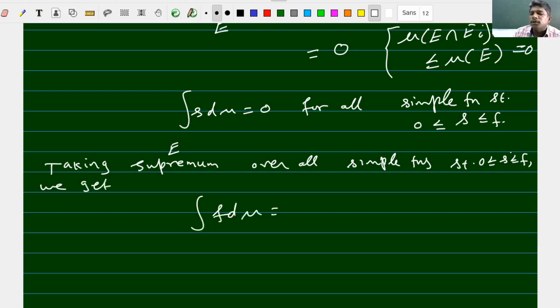All the integrals of simple functions less than or equal to f are 0, so the supremum is also 0.